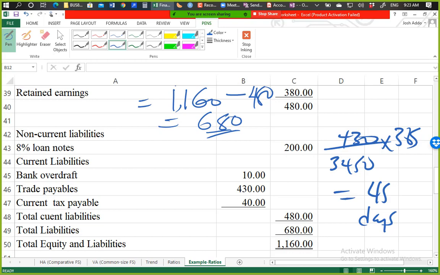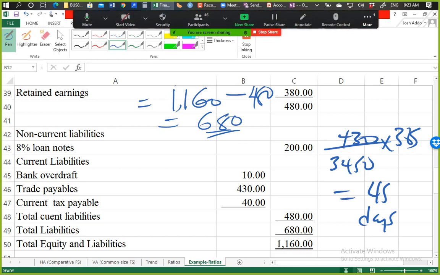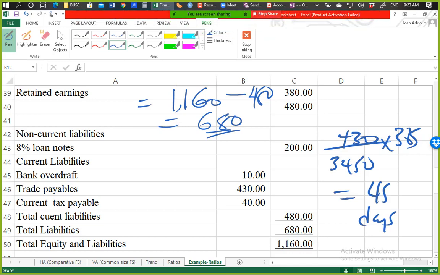That one tries to calculate the total cycle, or the total length of time that the company goes through when it expends cash on the operations of the business to when it gets the cash back.